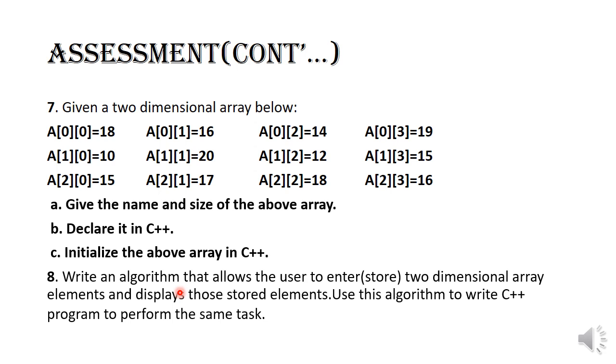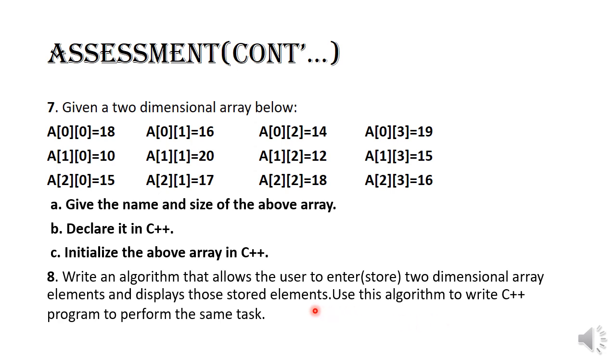The question number 8, which is also the last question. Write an algorithm that allows the user to store two-dimensional array elements and displays those stored elements. Using this algorithm, write a C++ program to perform the same task.